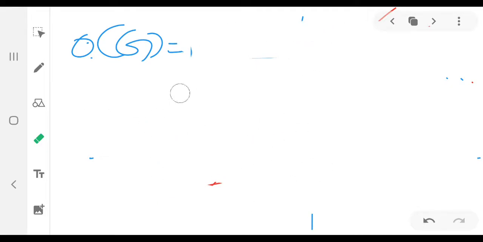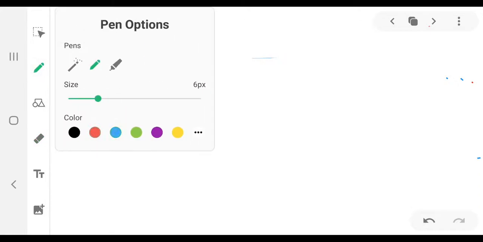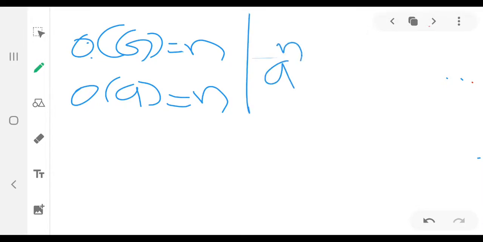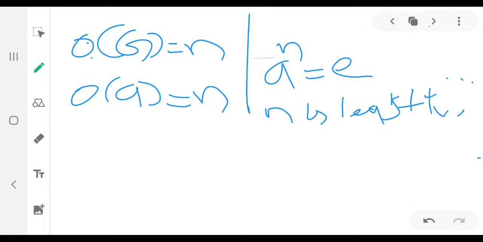So here order of G is equal to n. We assume that order of G is equal to n. That means order of A is equal to n. Therefore, A raised to n is equal to E, where n is the least positive integer.